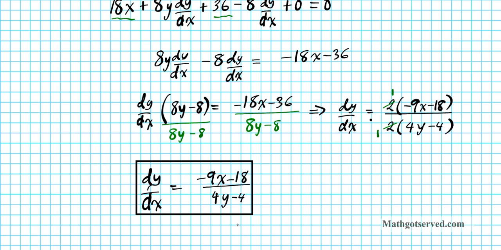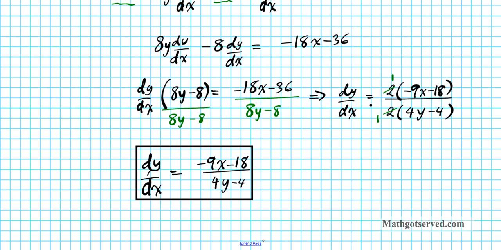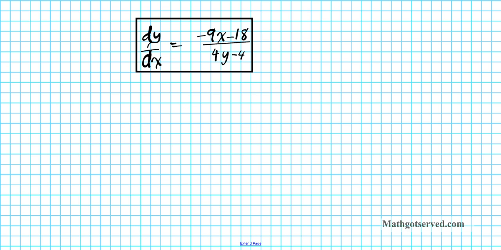Let's shift our attention to part B, where we're going to find horizontal and vertical tangents. Let's start out by finding the points where we have vertical tangents. What does a vertical line look like?